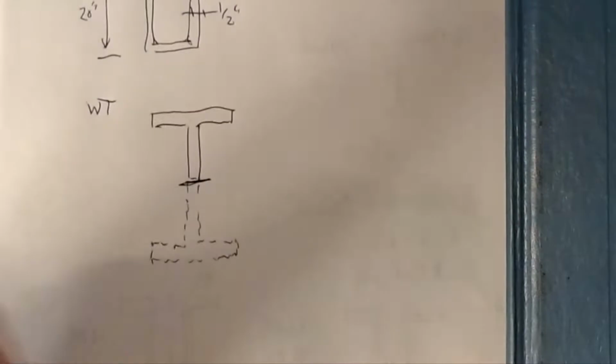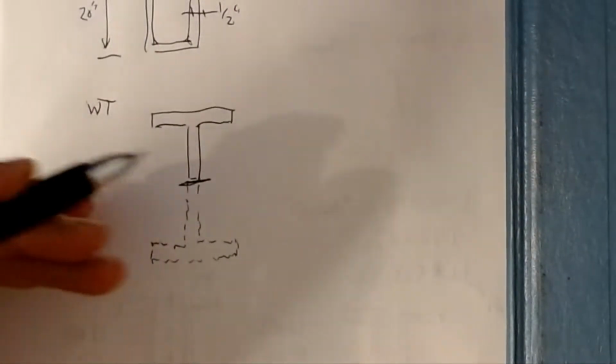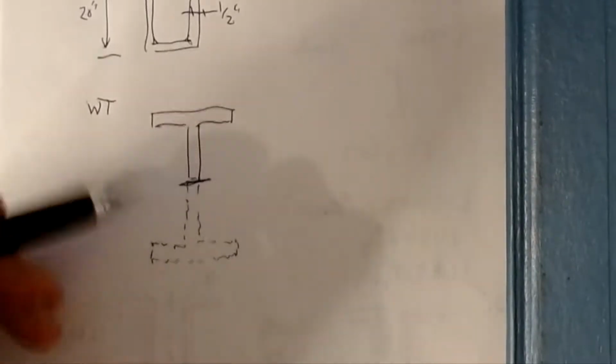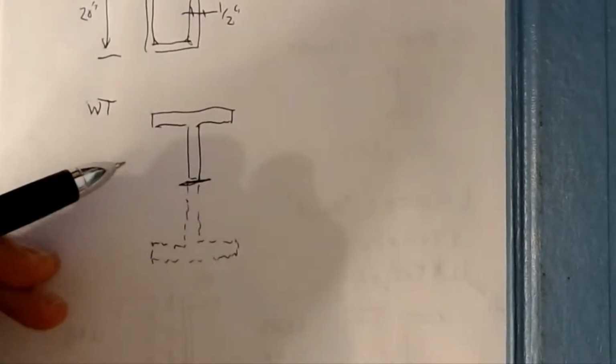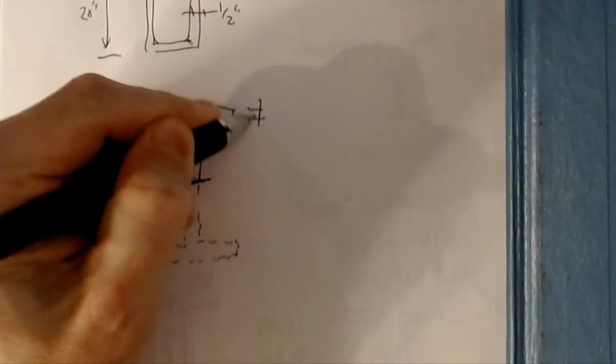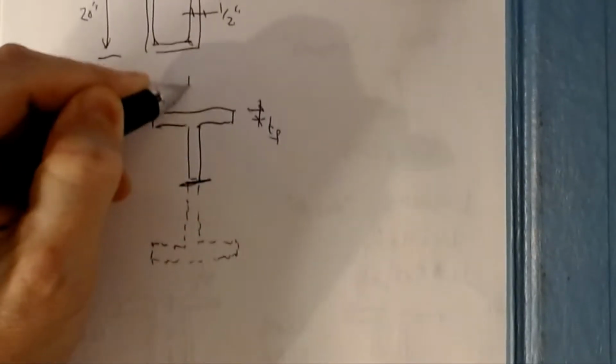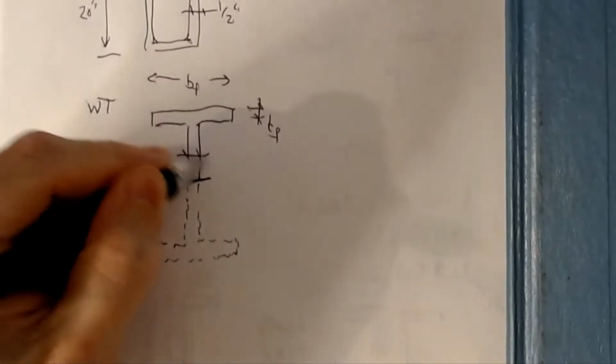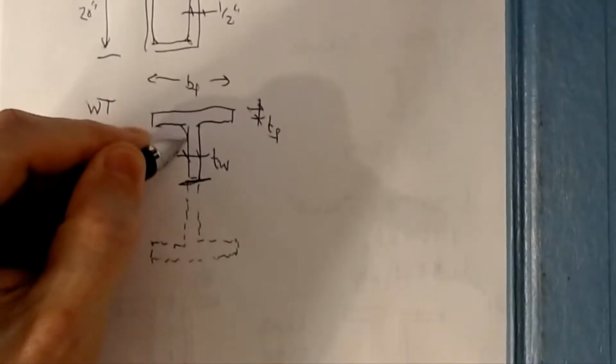It's basically a half of a W, so that makes a T. And maybe I don't need a beam that's that stiff or whatever the reason that you want it, but everything else is still the same. This is still TF. This is still BF. And this is still TW, and there's still a K radius happening here, and so forth and so on, but this would be a WT shape, if you will.